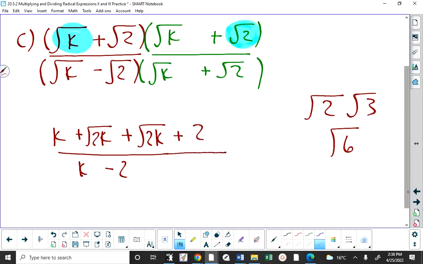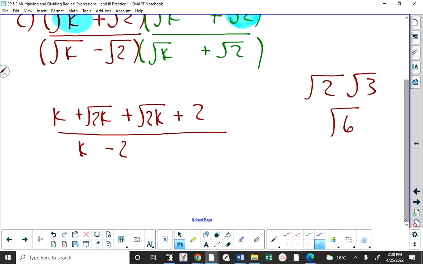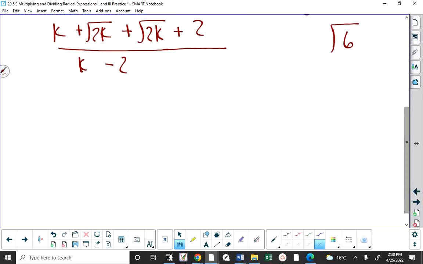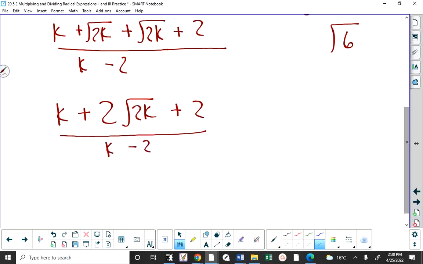And there's really not much you can do with this at this point, Sasha. We have a k. We have 2 root 2k's. We have a 2, and then it's over k minus 2. And you cannot simplify anything there.